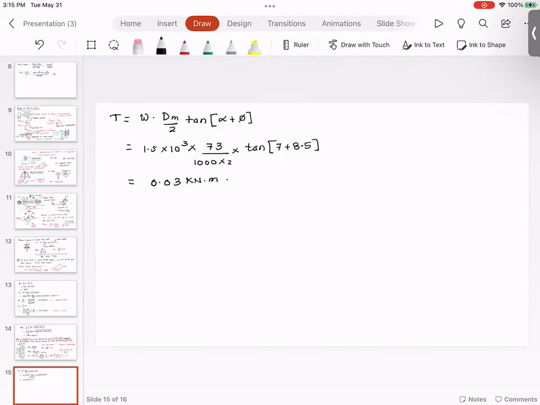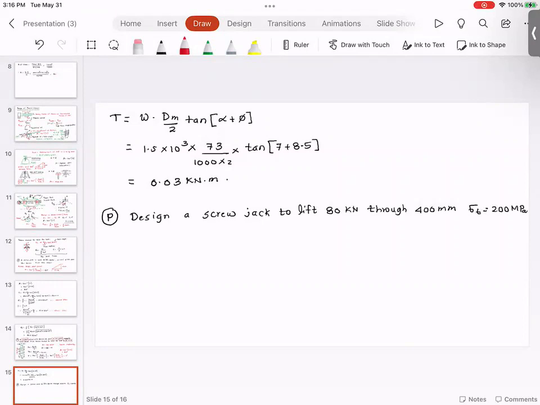So the design problem goes like this. Design a screw jack to lift 80 kilonewtons through 400 millimeters. Sigma T is equal to 200 megapascals.